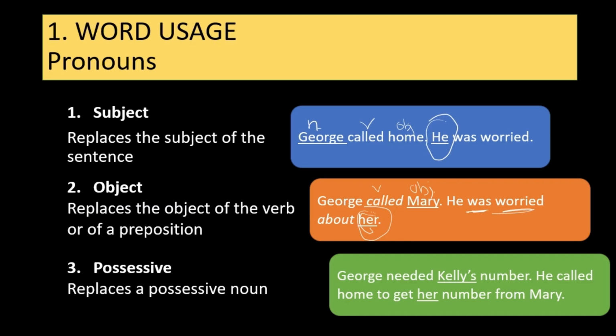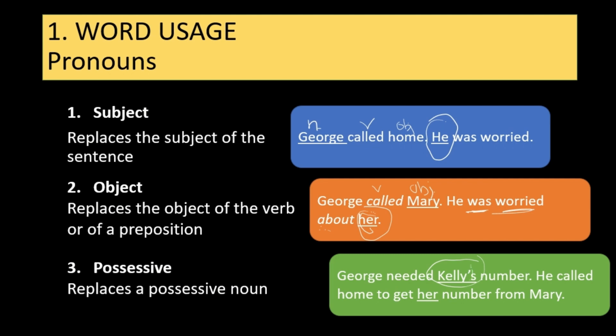Also, as a side note, just so you know, about is a preposition. And if you're like, what's a preposition? We're about to go back up to our 8 parts of speech, and I'll cover what a preposition is in a moment. But last and not least, possessive pronouns. So the example reads, George needed Kelly's number. He called home to get her number from Mary. So Kelly's up here has the apostrophe S. And there are 2 reasons we use an apostrophe.